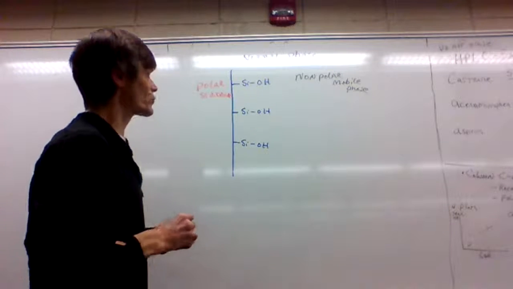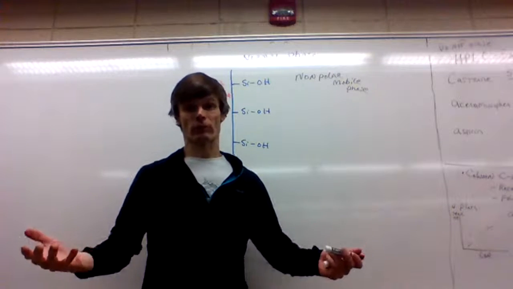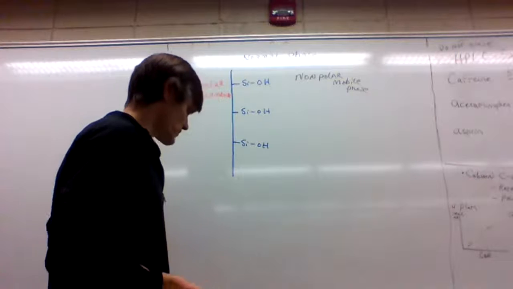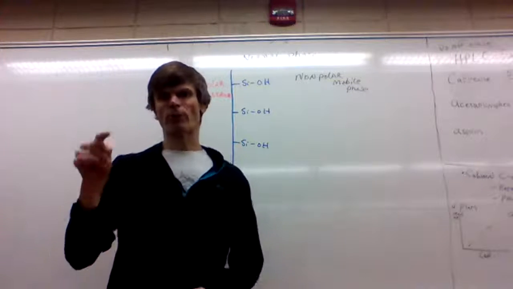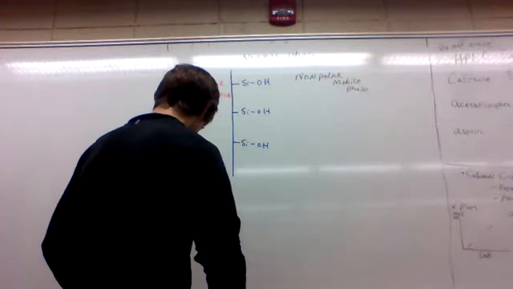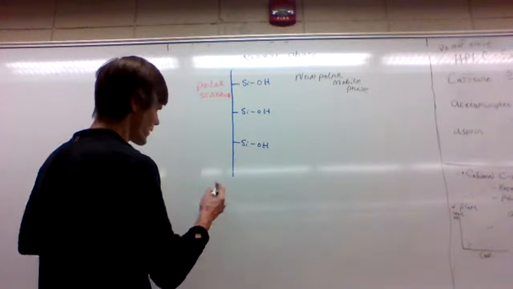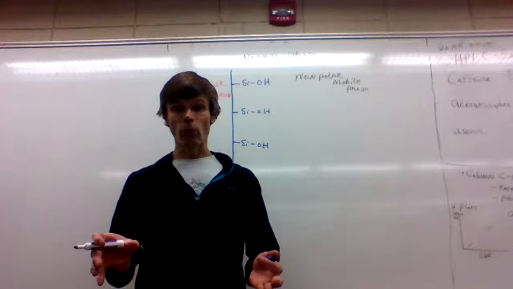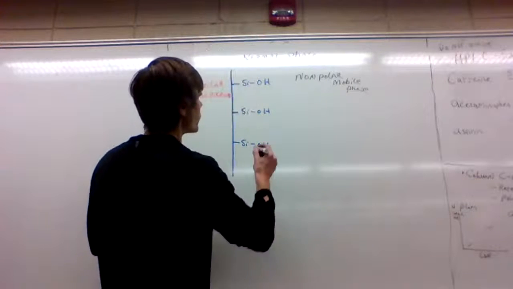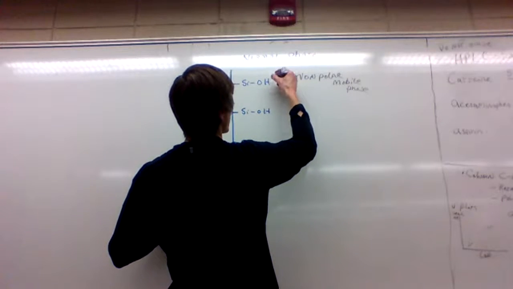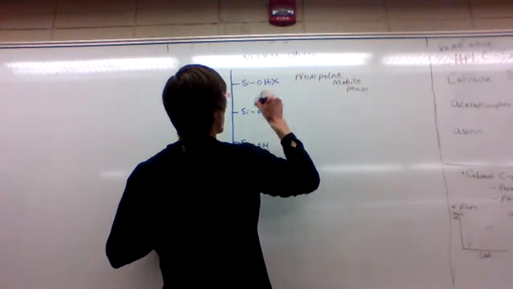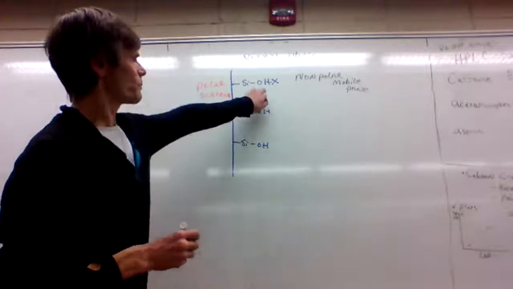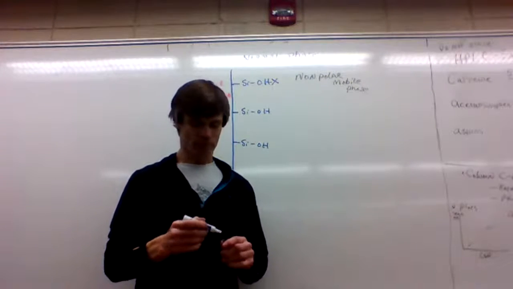Okay, and now we're going to introduce a solute. Let's just keep it simple. Let's just assume we're putting one substance on this column. And we'll call this substance X. And X is polar. So X likes to spend time on our column.